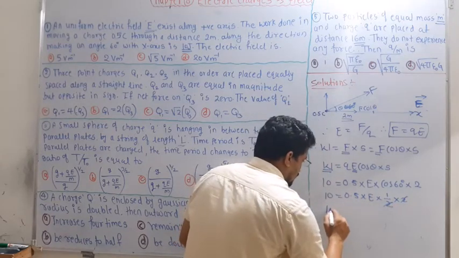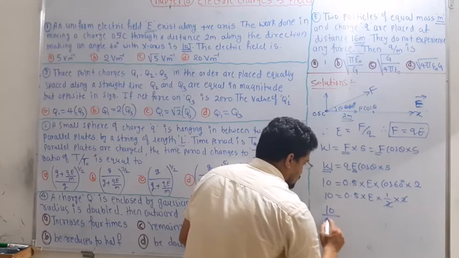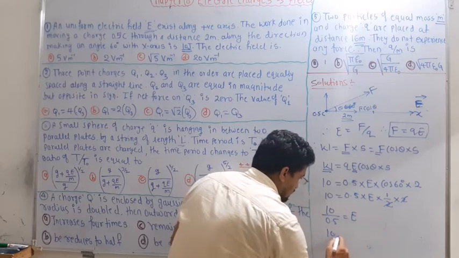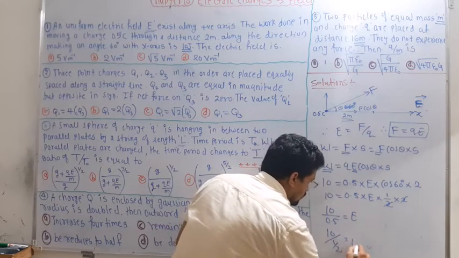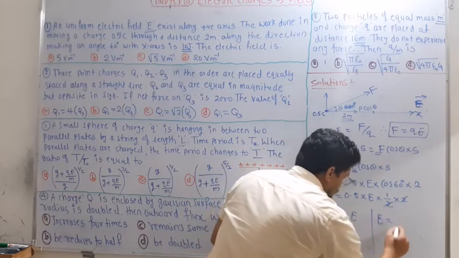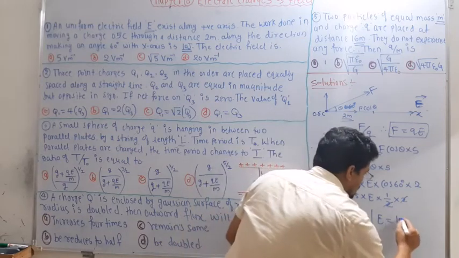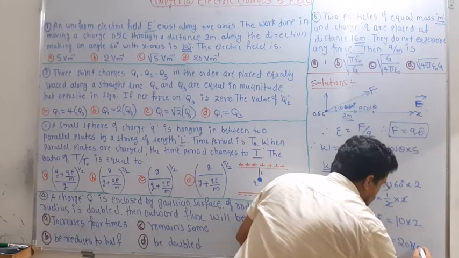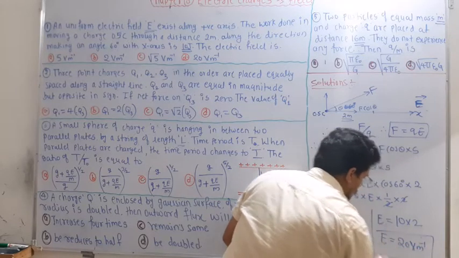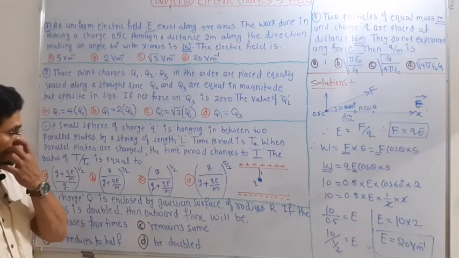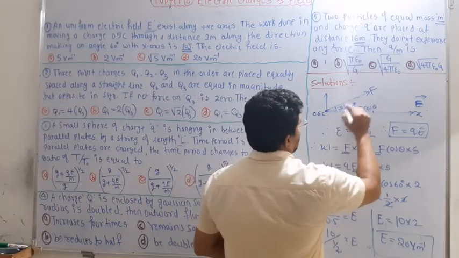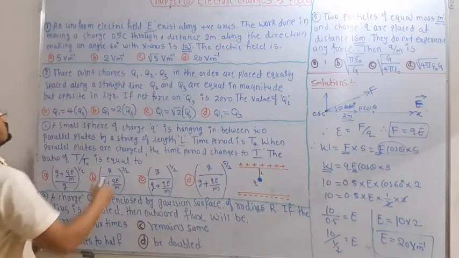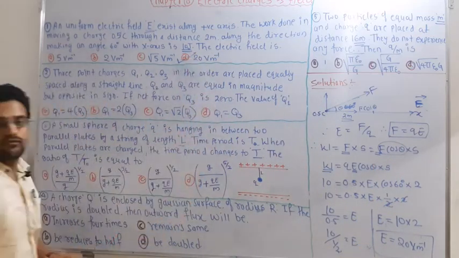So 10 = 0.5 E, which gives E = 10 divided by 0.5, that is 10 × 2. Therefore the electric field is 20 volt per meter. Remember the force makes angle theta, that's why it becomes F cos theta. So the answer is D, 20 volt per meter.